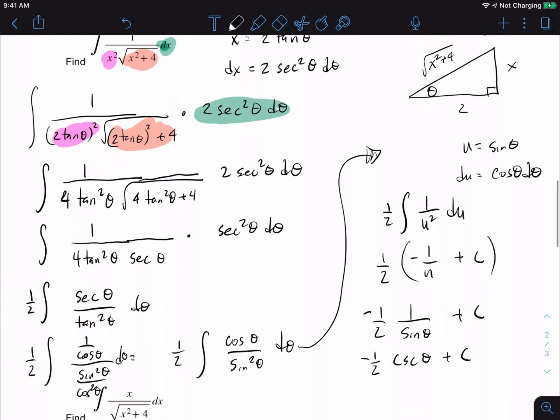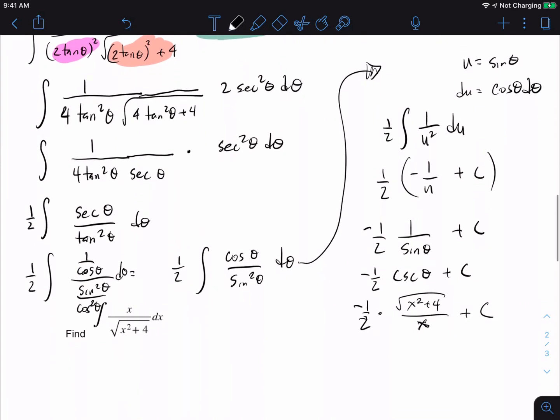So I'm going to get negative 1/2 times the root of x squared plus 4 over the opposite, and the opposite is x, correct? Plus some constant c. So just to clean it up, I get negative radical x squared plus 4 over 2x plus some c.